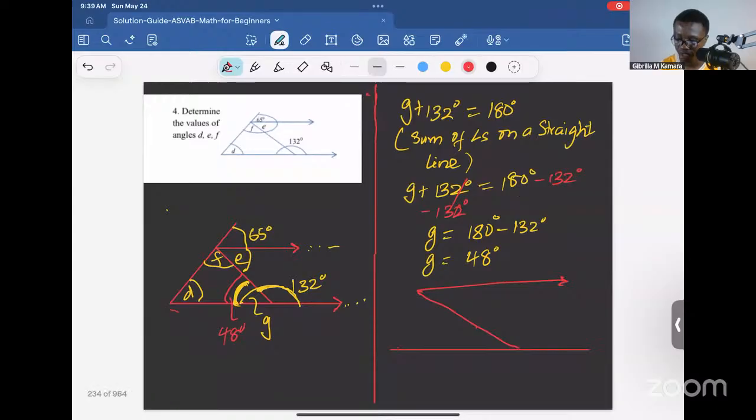So now this is E, and this was G. Those two angles are alternate. If this is a parallel line, this is a parallel line, then this is a transversal line, and this and this are alternate angles. We have a Z shape. They are alternate. So my E is equal to G, which is 48 degrees.